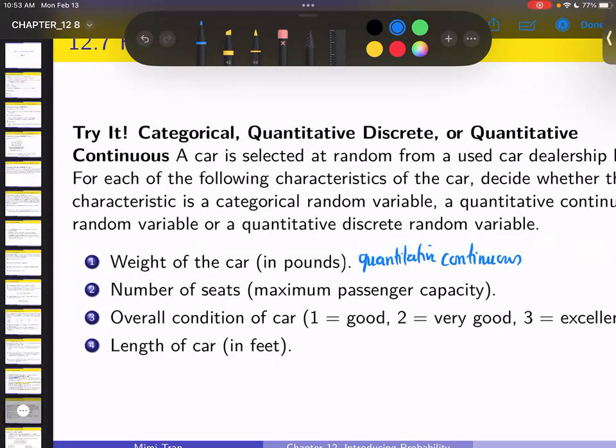Number of seats. A small sedan will have roughly 4 seats. A minivan will be 5 or 7 seats. So this is going to be quantitative, things you can count. Quantitative discrete.